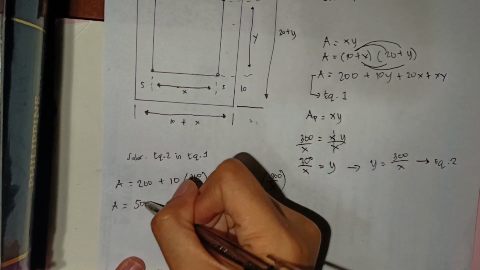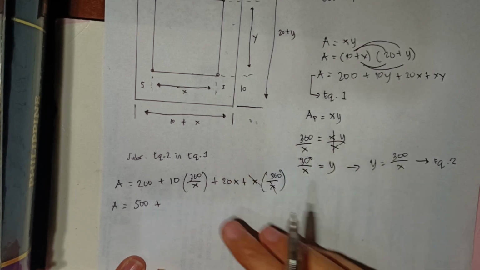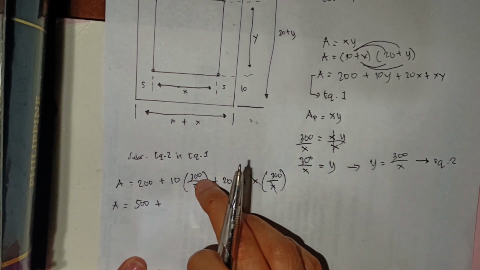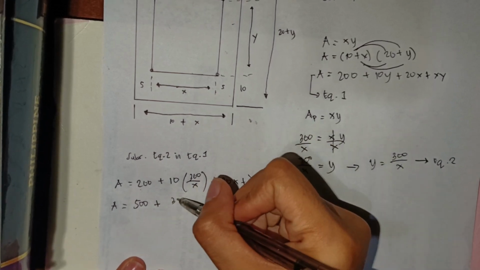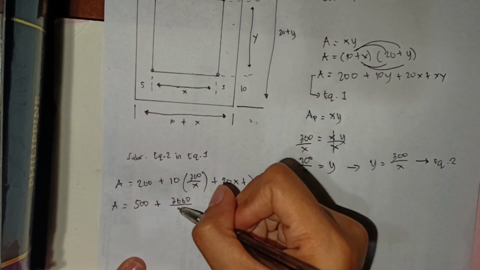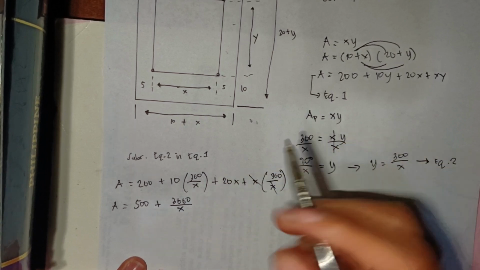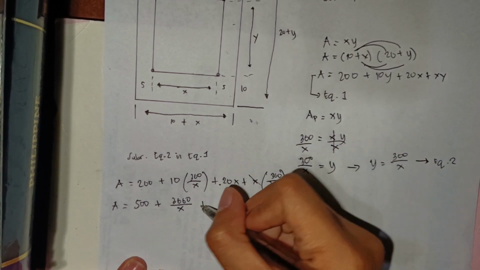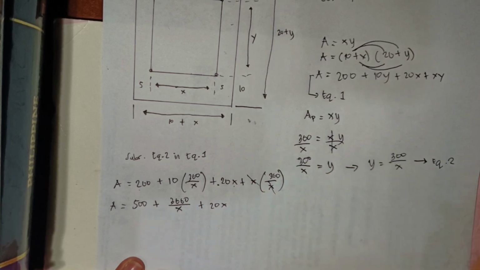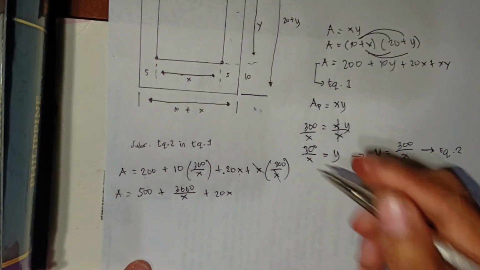So we have 500 plus 10 times 300, which is 3,000 over x, plus 20x. This is equation number 3.